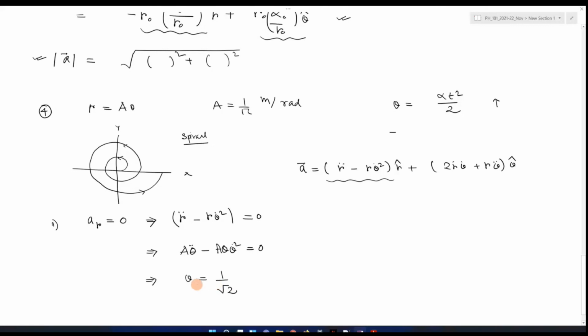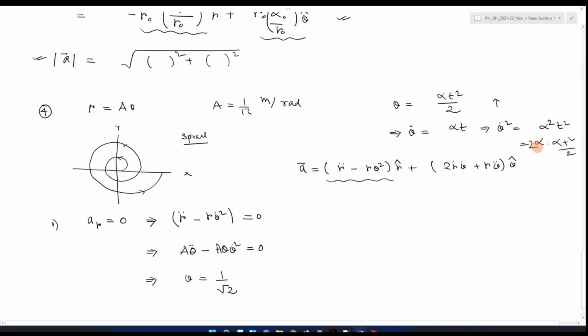In between step, you have to write here theta dot will become alpha t. So theta dot square will become alpha square t square. So this will be basically alpha into alpha t square.